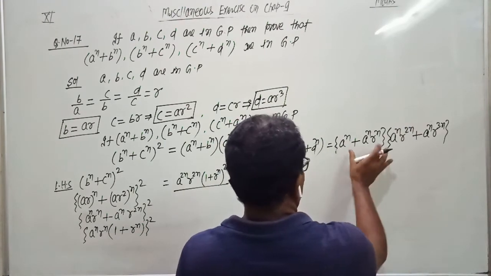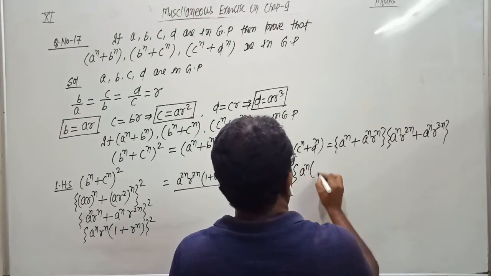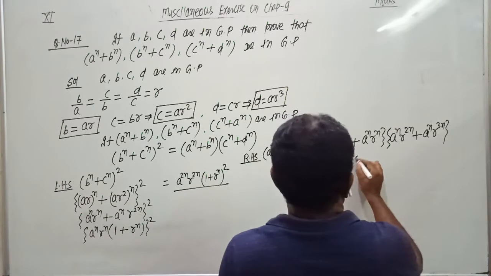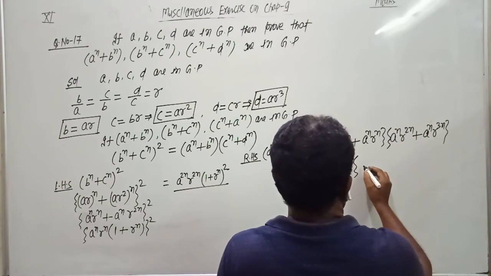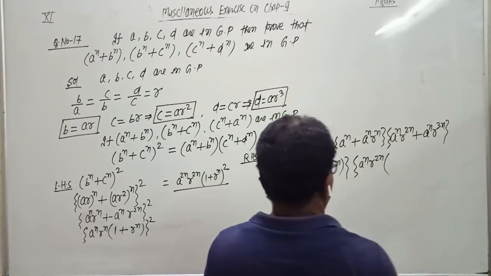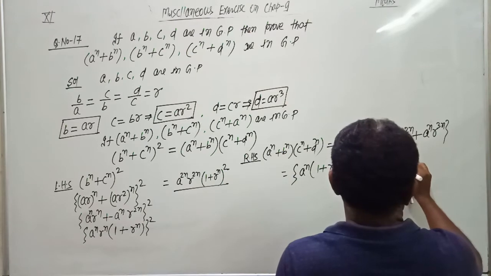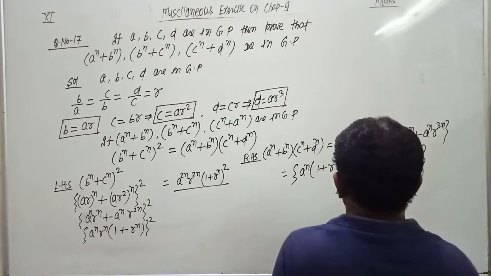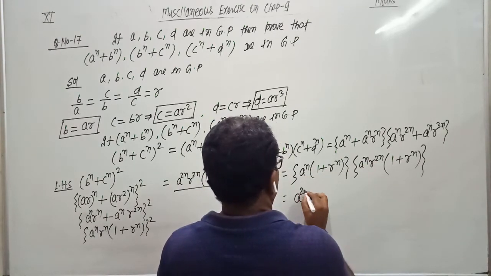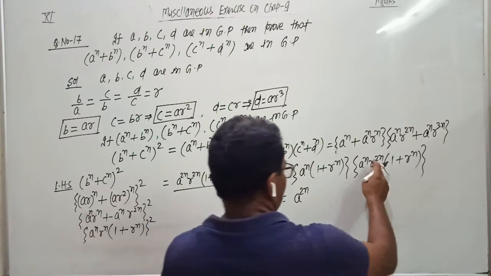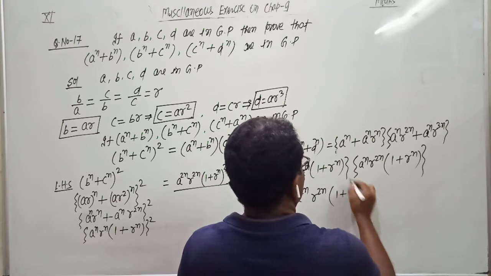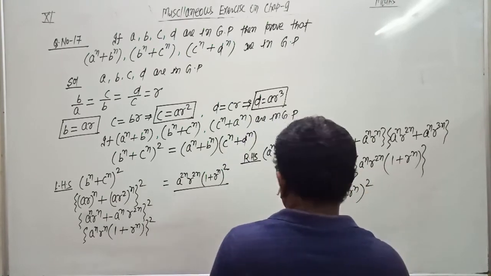Now inside the first bracket, A raised to the power n is common. So we get 1 plus R raised to the power n. And from the second bracket we get A raised to the power n into R raised to the power 2n as common. So there comes 1 plus R raised to the power n. So A raised to the power n into A raised to the power n, we get A raised to the power 2n into R raised to the power 2n, and 1 plus R raised to the power n into 1 plus R raised to the power n.